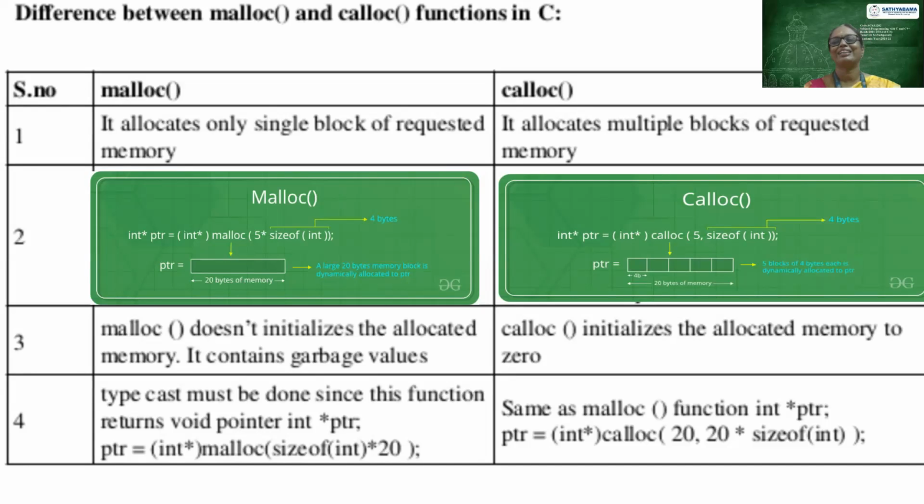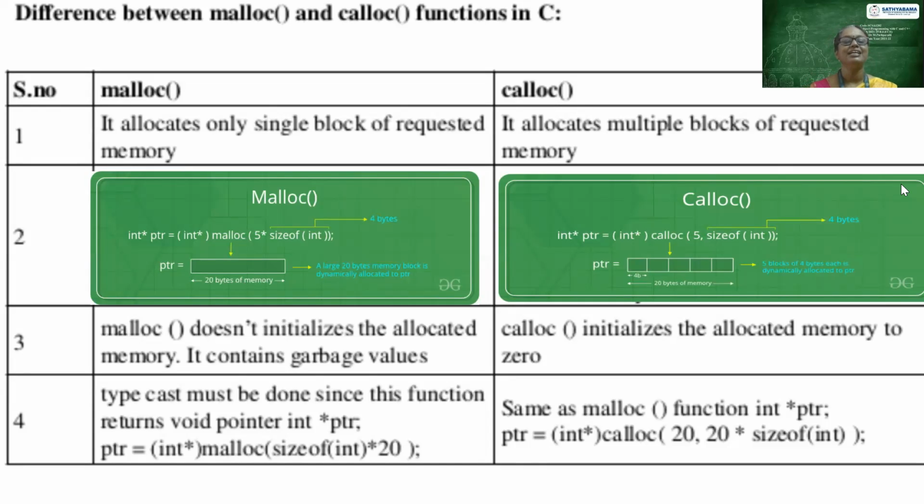One of the things you asked: malloc doesn't initialize the allocated memory. It contains garbage values, as we are seeing when declaring it. But calloc initializes the allocated memory to 0. And one more thing, typecast.